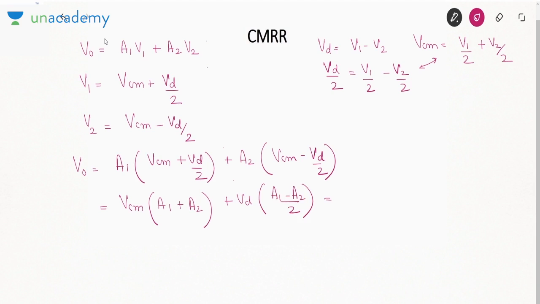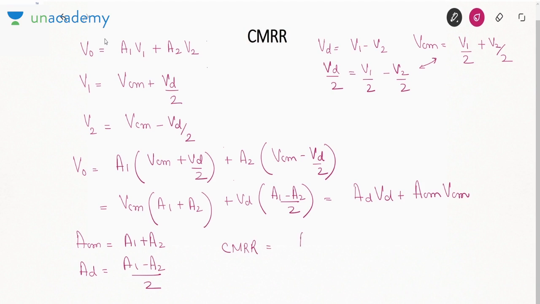Now we know V0 has one more form, ADVD plus ACM VCM. If you compare them, then ACM is A1 plus A2 and AD is (A1 minus A2) by 2. Now this CMRR is simply AD by ACM, that is (A1 minus A2) by 2 times (A1 plus A2).